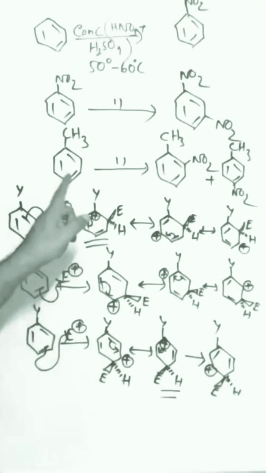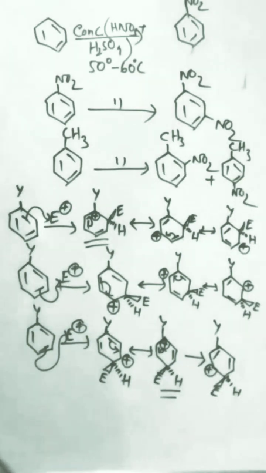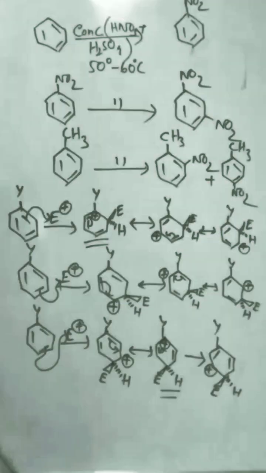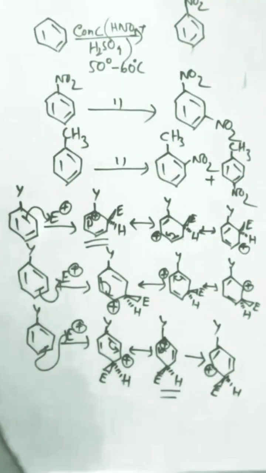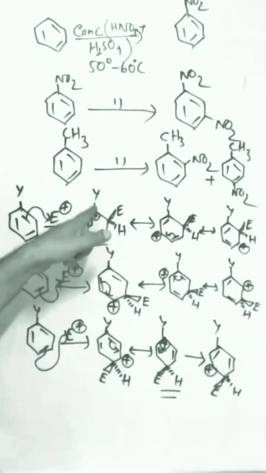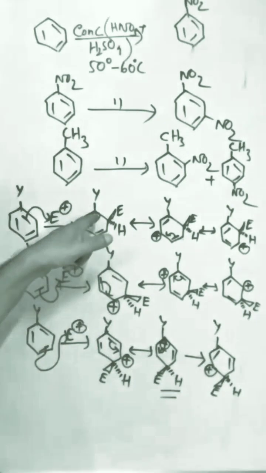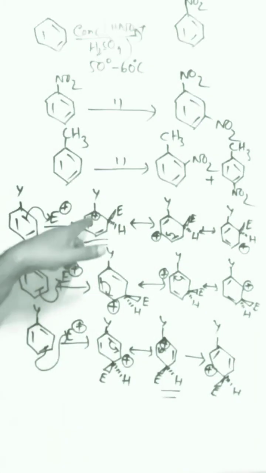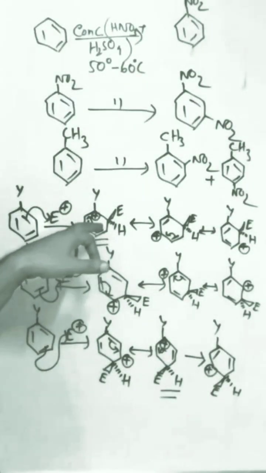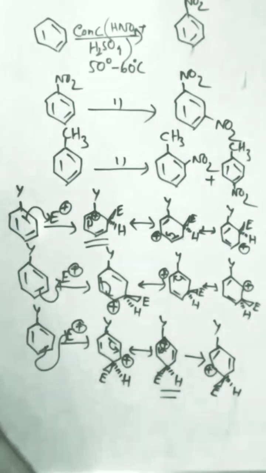Now if Y is an electron donating group, that is, if the substituent present in the benzene ring has plus I inductive effect, then it will push the bond pair electrons towards this carbon which is carrying a positive charge. So that will reduce the positive charge on that carbon atom. That is, this factor will stabilize these two particular resonating structures.